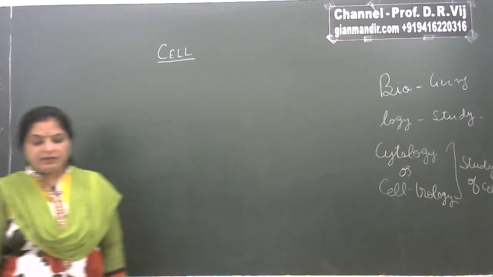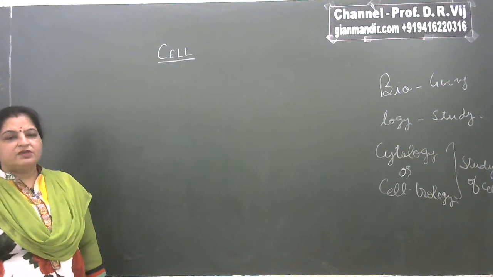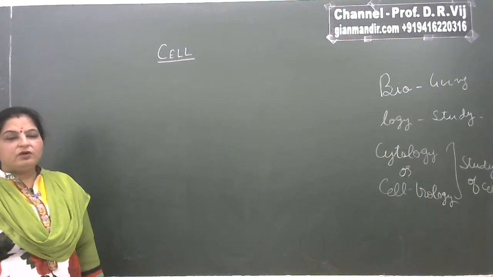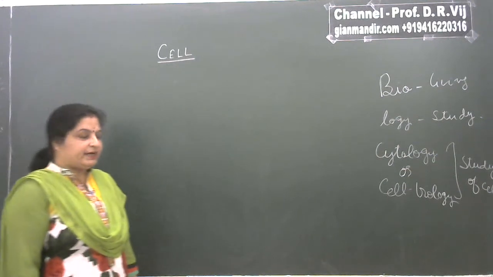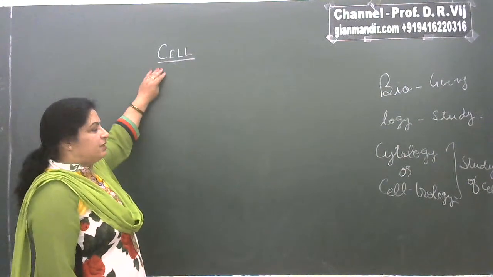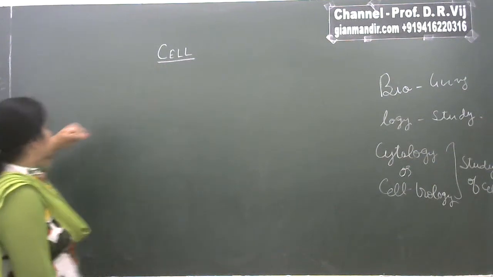So, the branch of biology involving the study of cell is known as cytology, or it is also known as cell biology. So, before starting further details about the cell, first of all, you would like to know what is a cell, right?